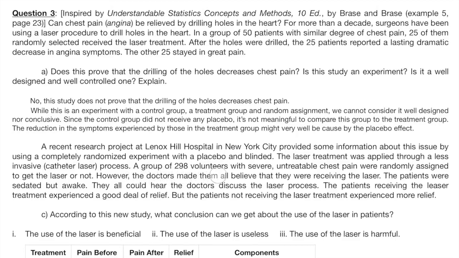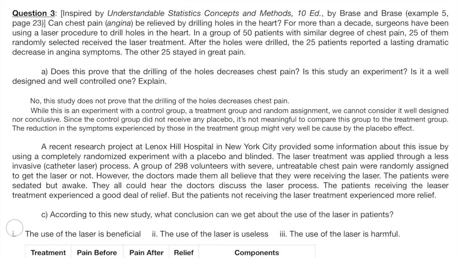The doctors made them all believe that they were receiving the laser. The patients receiving the laser treatment experienced a good deal of relief, but the patients not receiving the laser treatment experienced more relief.